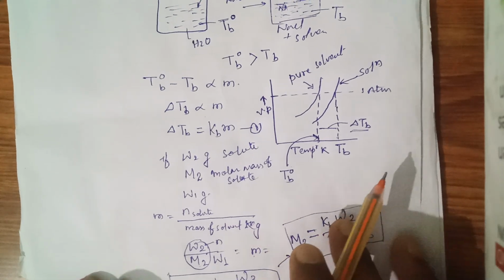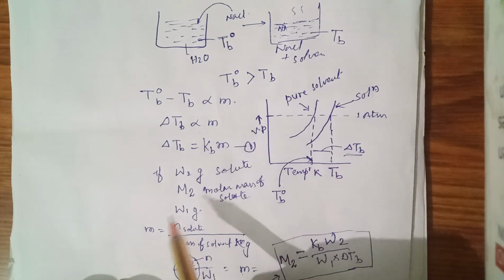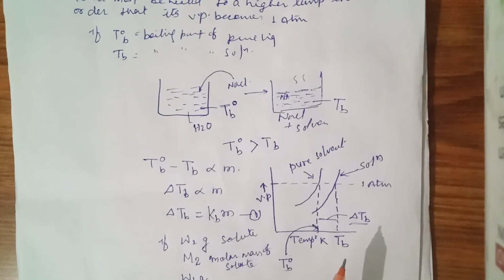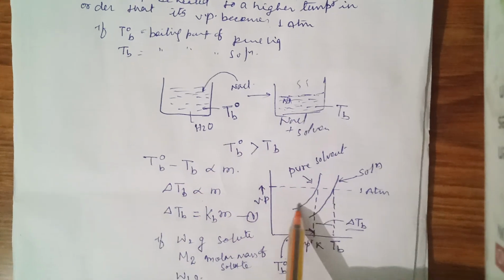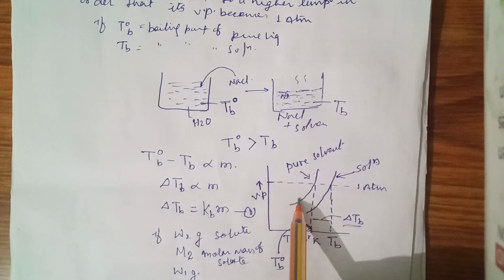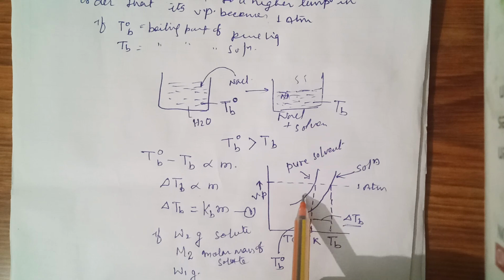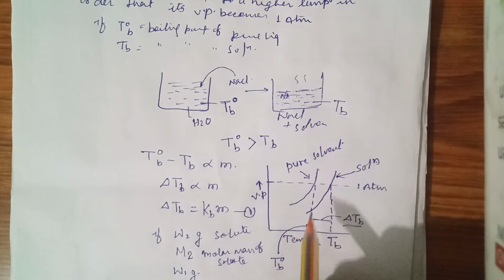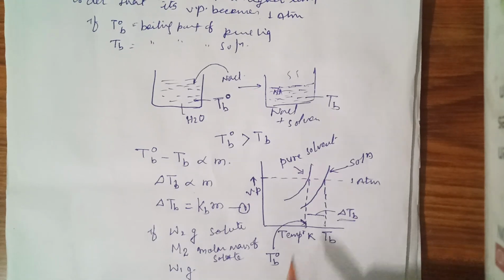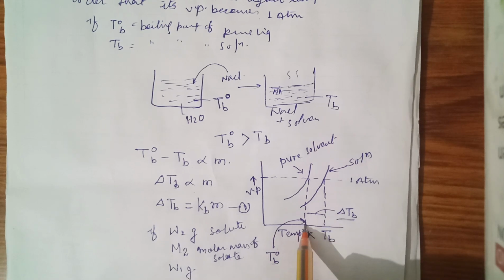Hope you are able to understand this. Once more I would like to tell you the steps I have taken here. First of all I took the pure solvent and measured the vapor pressure, and when the vapor pressure of the solvent becomes equal to 1 atm, that is the boiling point of the solvent. So let us drop this line to this axis so that we can exactly get the temperature at which it is boiling.